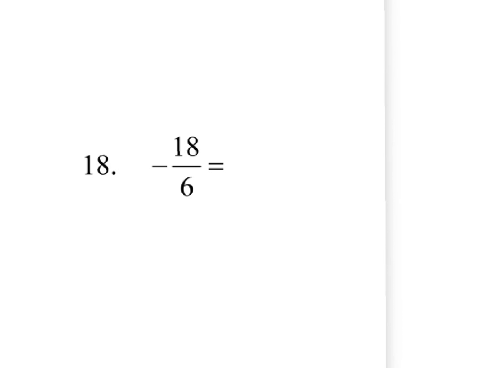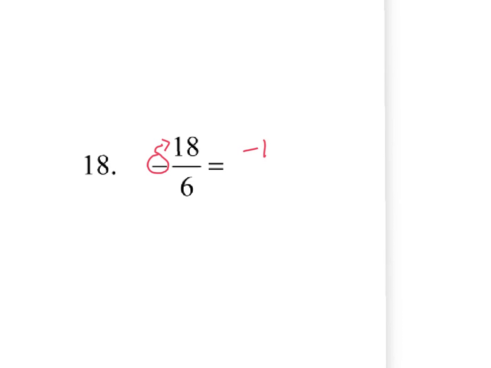Now the last one I want to show you is this one here, number 18. You have a negative, but it's not really certain where the negative is, if it's on the top or the bottom number. A common mistake is people think that 18 is negative and 6 is negative. That's not the case. If you have a negative next to the fraction, you can move the negative to the top number.